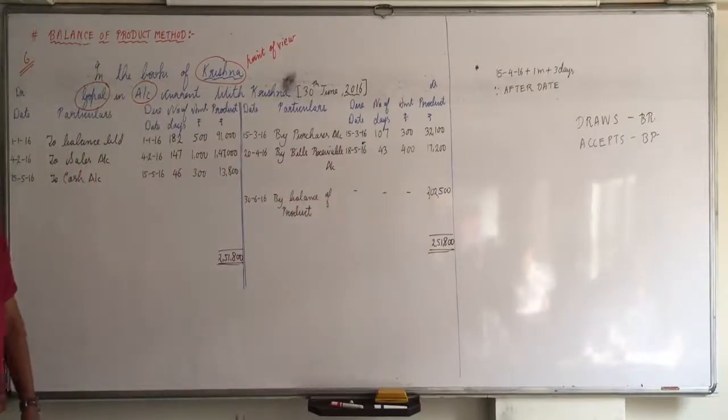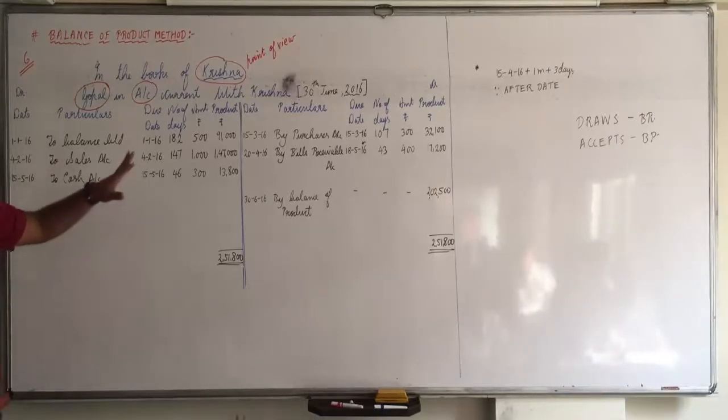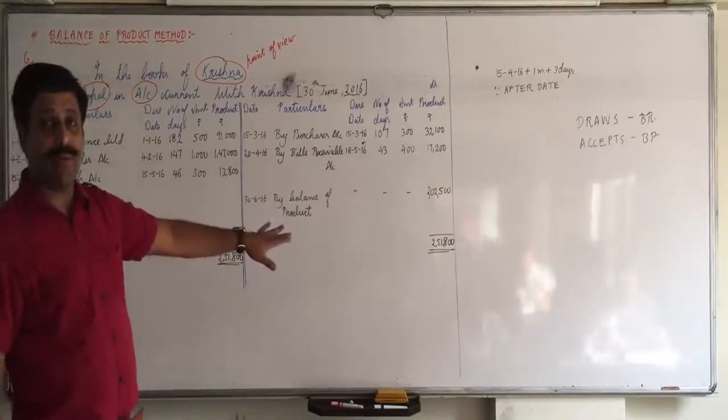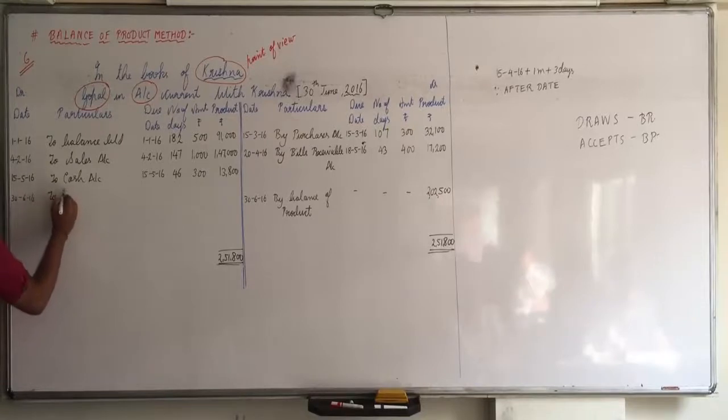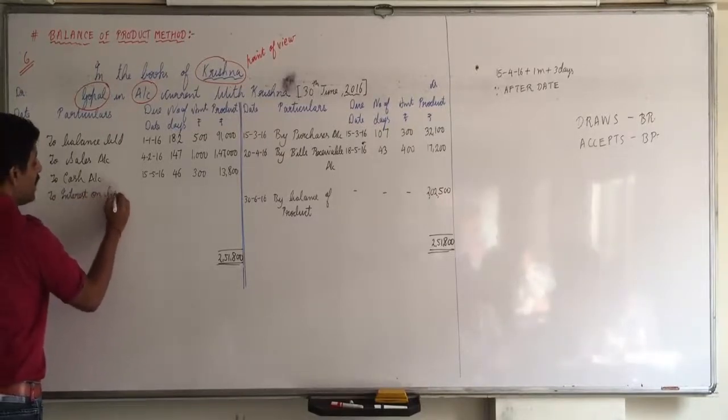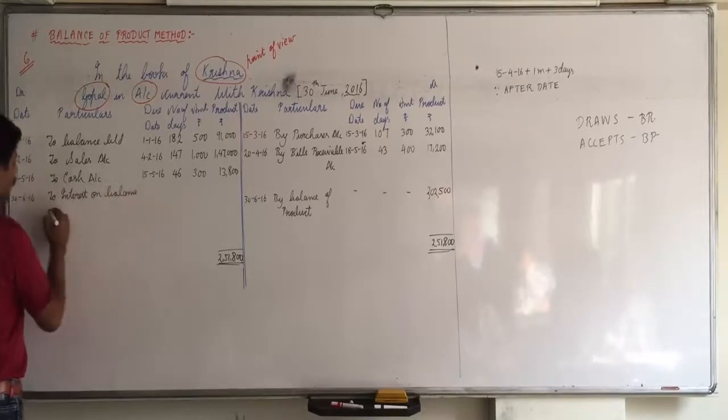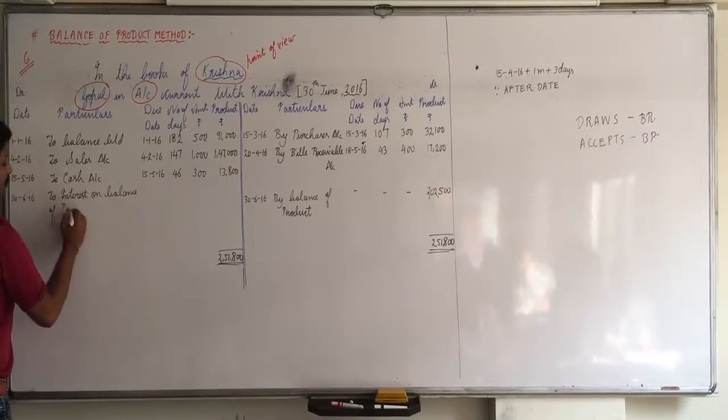Understood this? Any doubt in it? Now, we'll count interest on balance of product and write it on the amount column of opposite side. So opposite side, anyone still writing with balance of product? Opposite side, write 3616 to interest on balance of product. Okay, we'll count interest on balance of product.